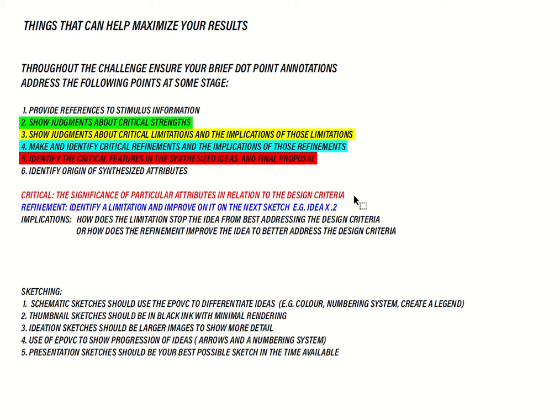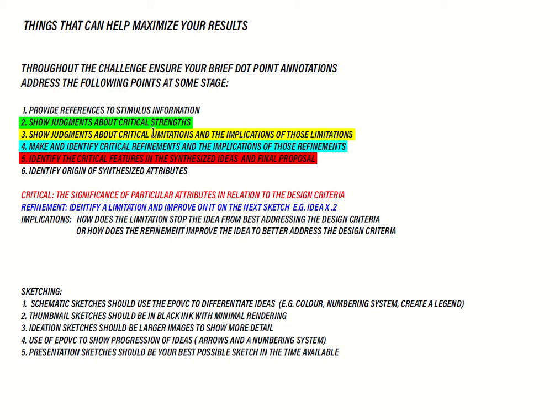So if you're going to annotate and put something about a strength, then that strength has to relate to the design criteria. It's a strength because it nails the design criteria. And also, if it doesn't nail the design criteria, then it's a limitation. What stops it from being the perfect idea for that design criteria?